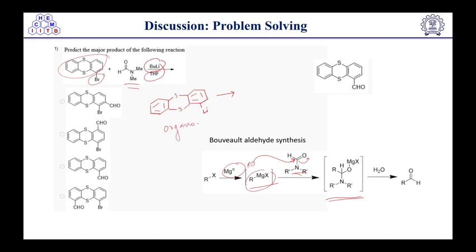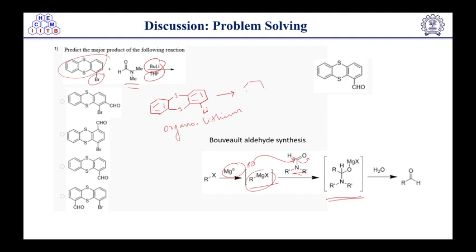Correct? Organolithium. So next it will undergo nucleophilic addition on this amide group, correct? So here I will write in the same manner, so it will be easy for you to understand.